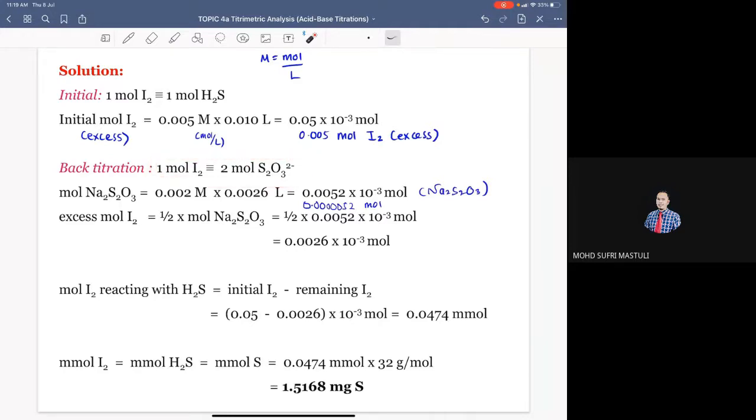Because you already know the relationship from the chemical equation, 1 mole of iodine will react with 2 moles of thiosulfate. Okay, so you can calculate the mole of I2.